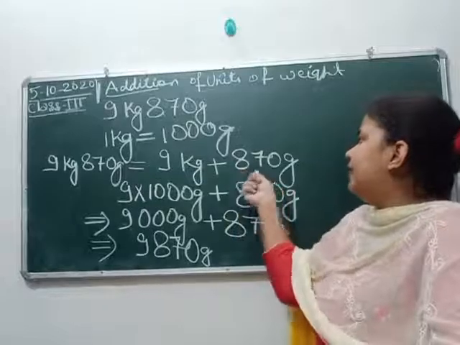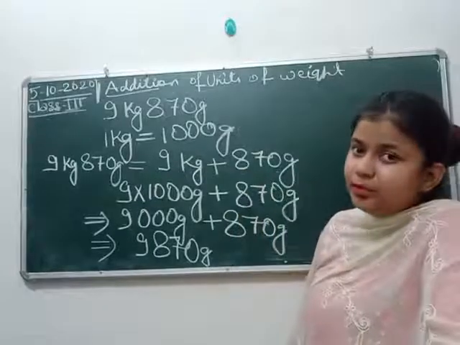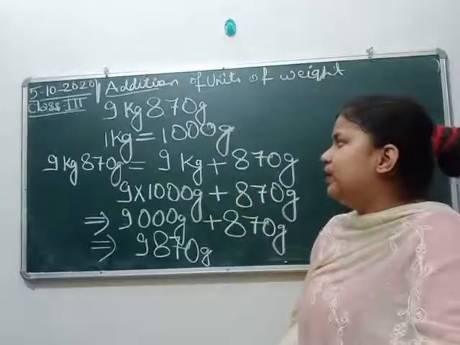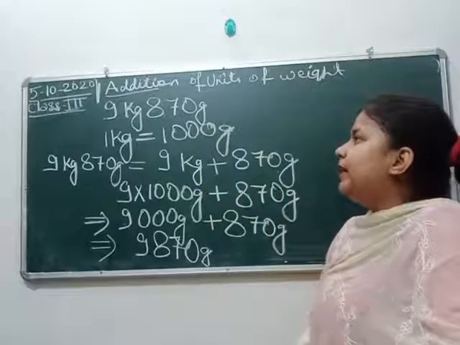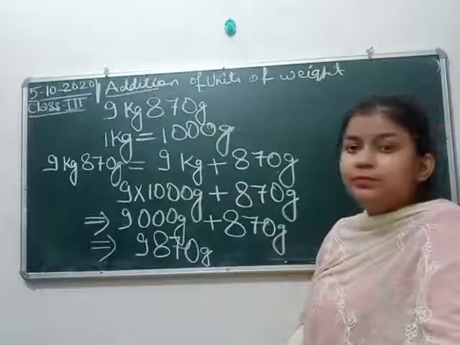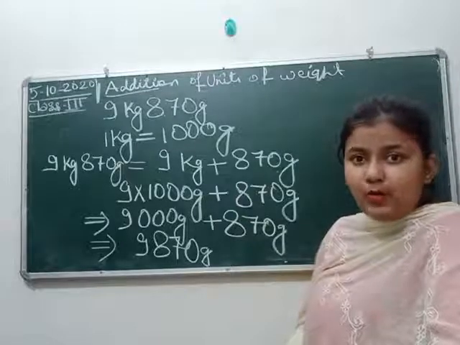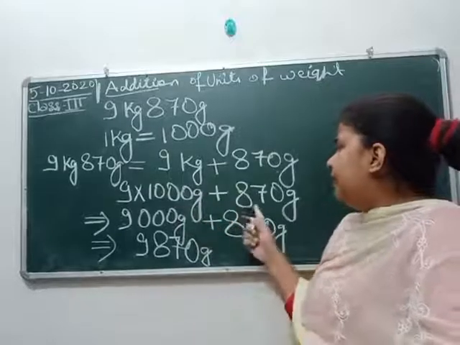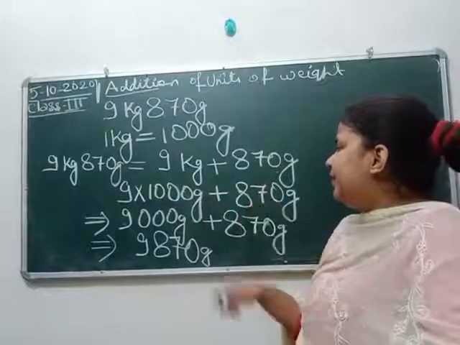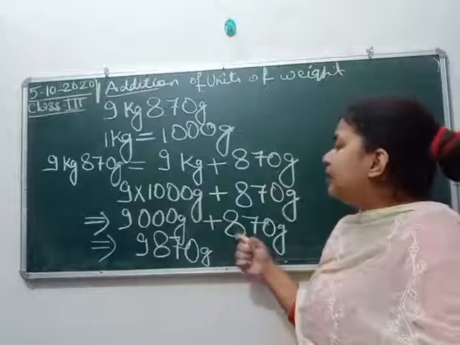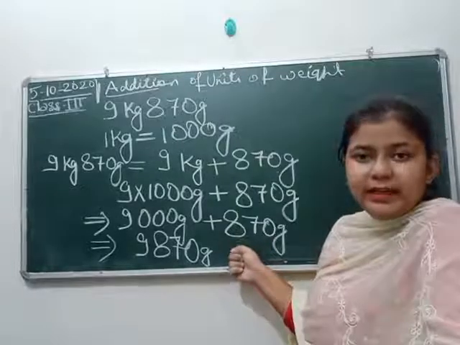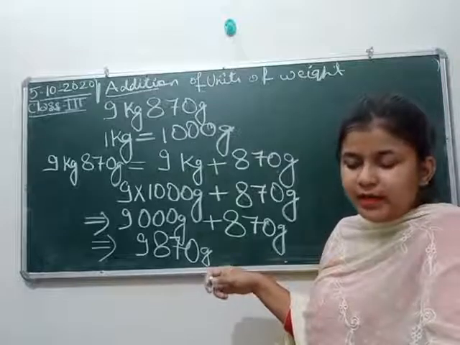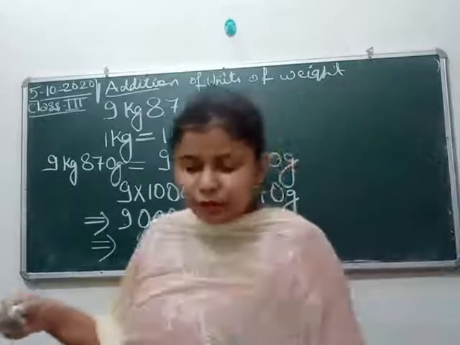Now 870 gram is already given in gram, so we will convert 9 kg only. Converting 9 kg we get 9 into 1000 gram, which is 9000 gram. Adding 9000 gram and 870 gram we get 9870 grams. Okay.